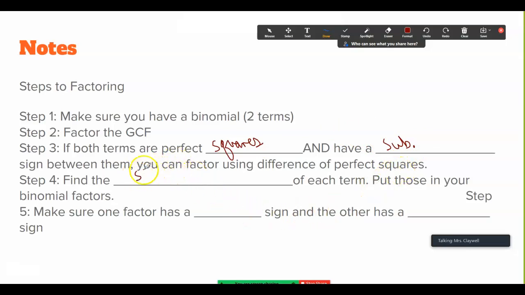Find the square root of each term. Put those in your binomial factors. Step 5 is make sure one factor has a positive sign and the other factor has a negative sign.